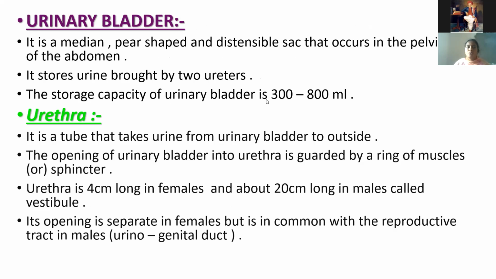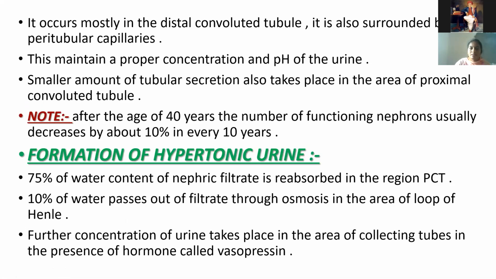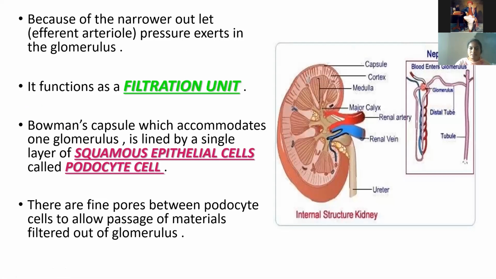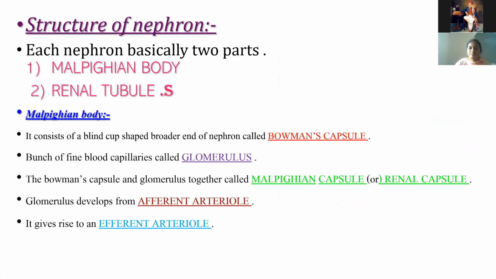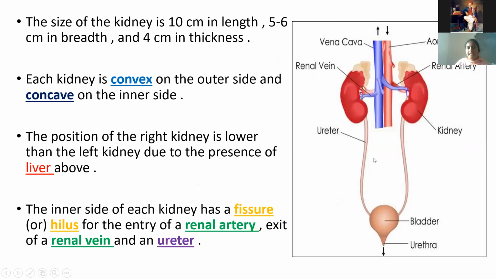Next one is the urinary bladder. The urinary bladder is a pear-shaped structure. This is the ureter. Each ureter arises from the hilus.